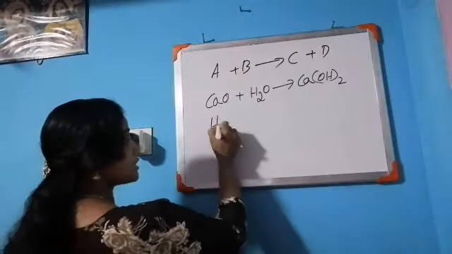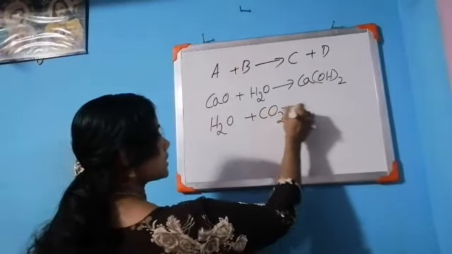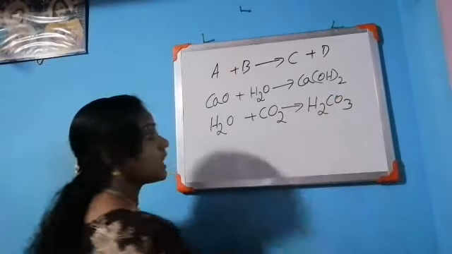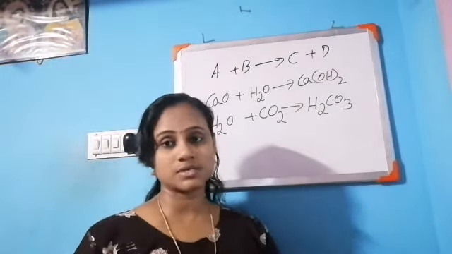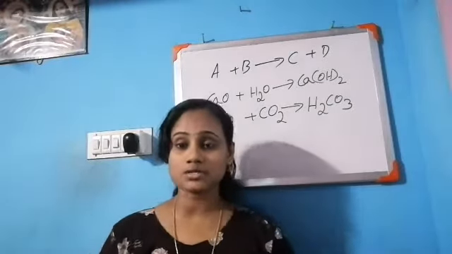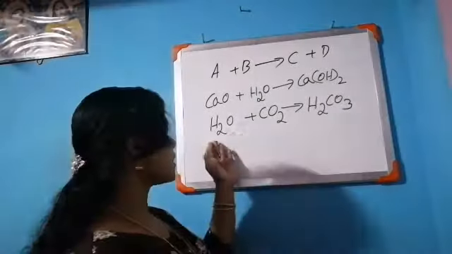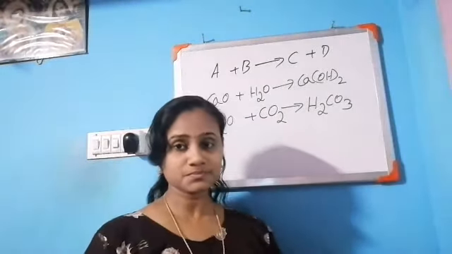Similarly, water, H2O, reacts with carbon dioxide to form H2CO3, carbonic acid. Is it clear? No, last year's class we discussed this. Okay, calcium oxide reacts with water to produce calcium hydroxide. Water reacts with carbon dioxide to form carbonic acid.